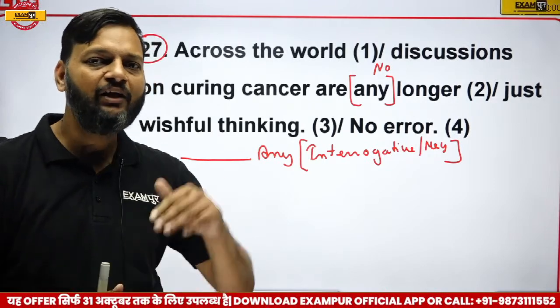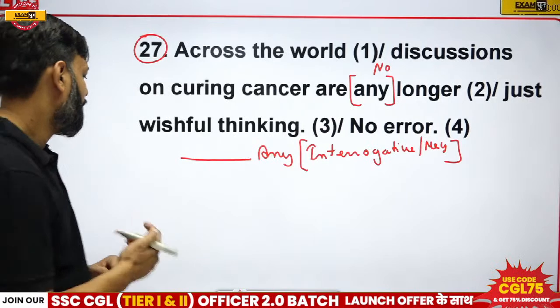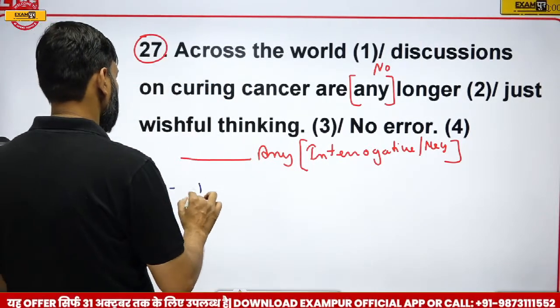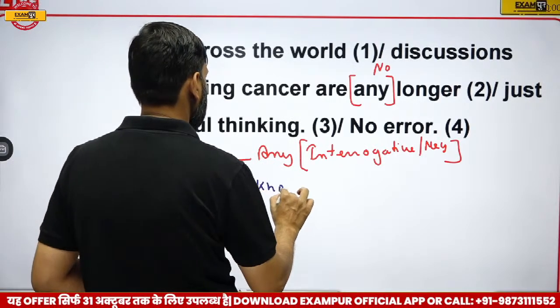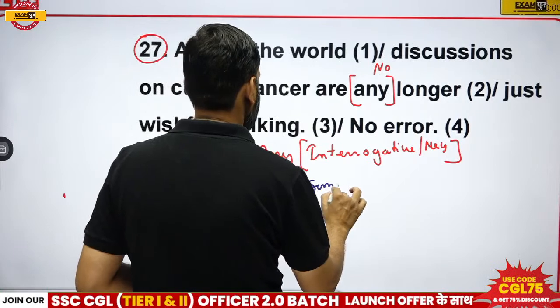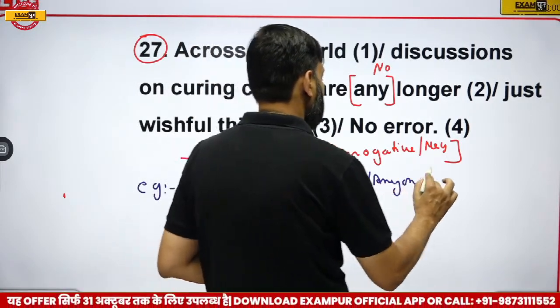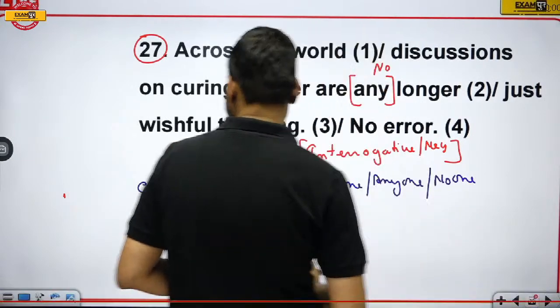Negative sentence means if the sentence is already negative, we can use any, right? For example: do you know someone, anyone, no one?